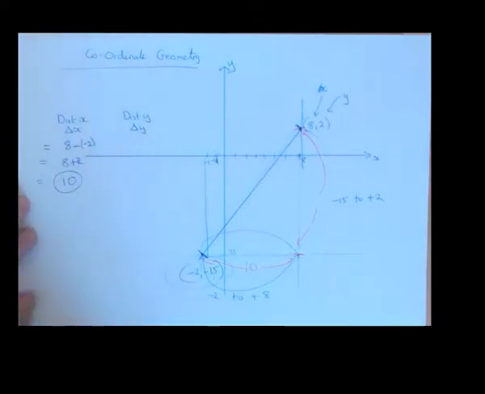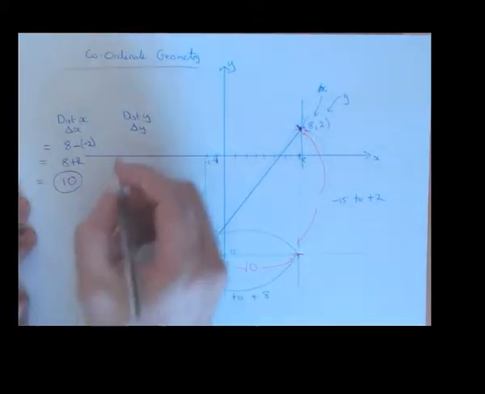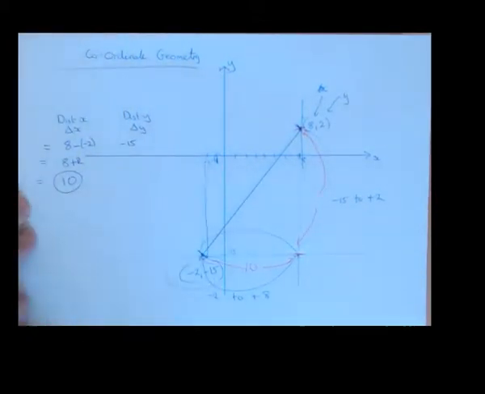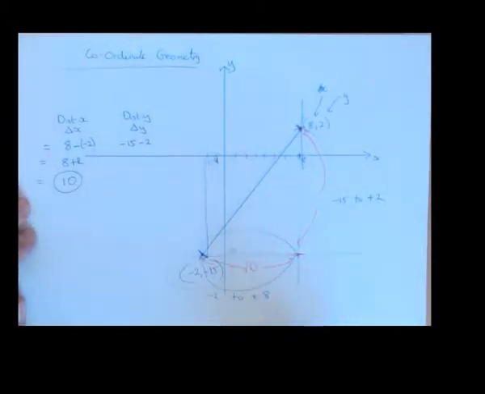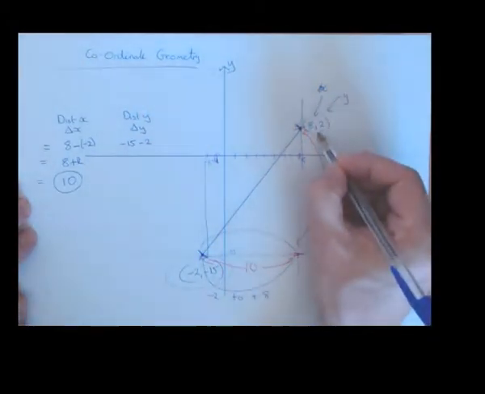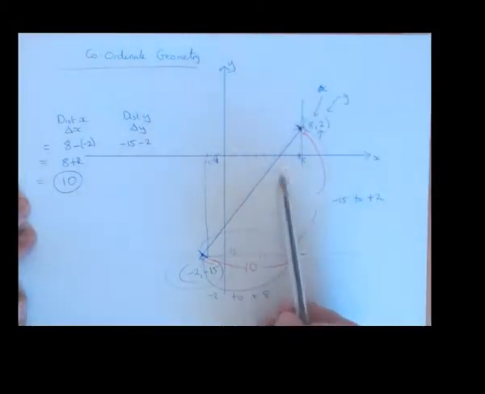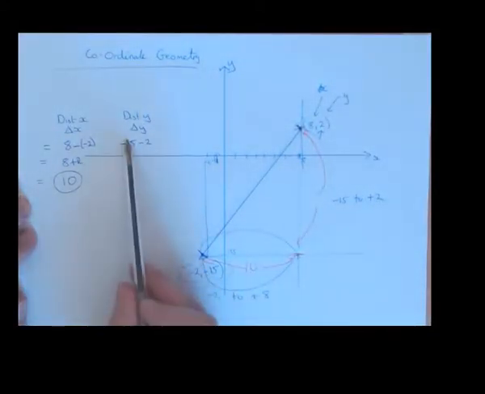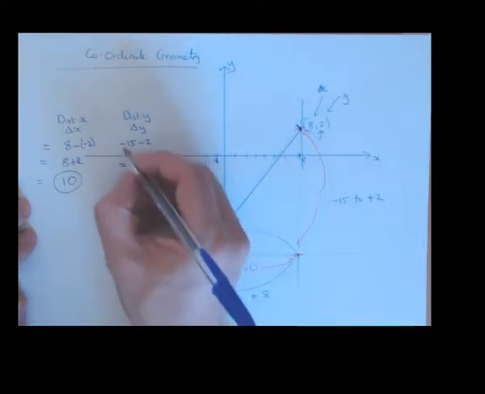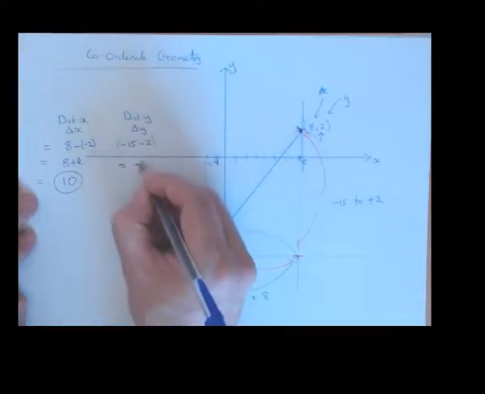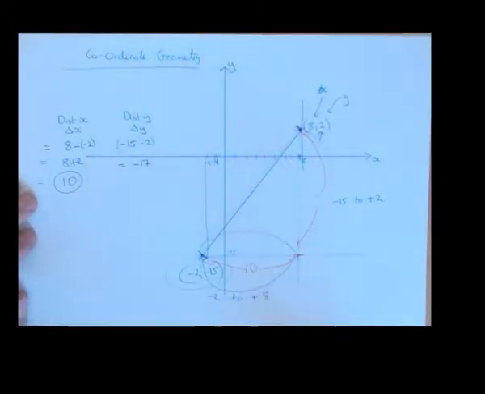That's just a little symbol I like to use to say distance. And I'm going to say it started at -15, and I'm going to subtract 2, which is my other value for y. So imagine I pick the smaller number first instead of the bigger number. Let's see what happens. Well, I get -17.